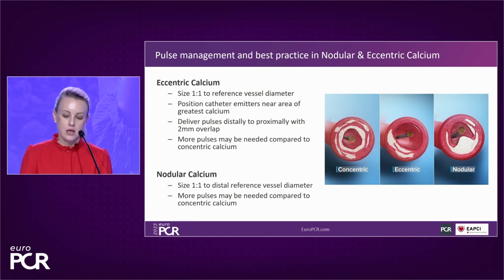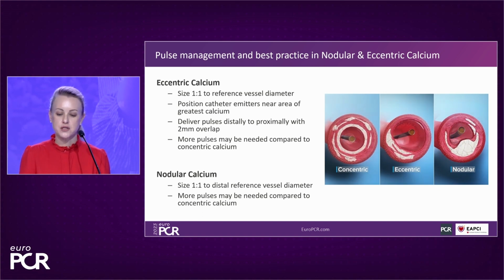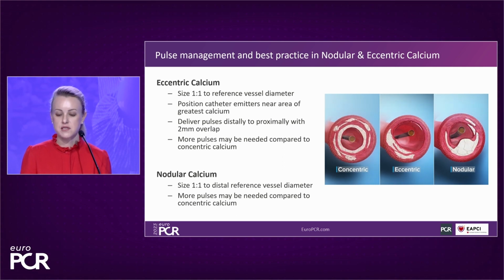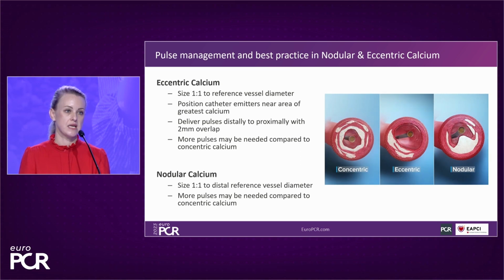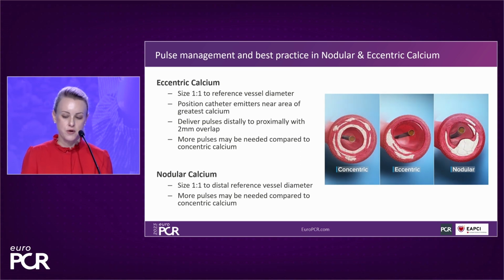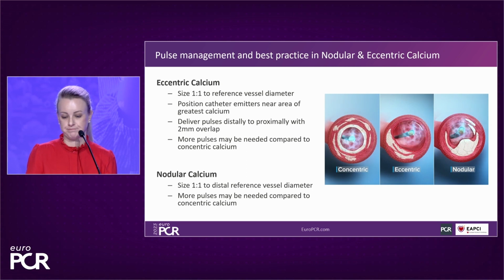So in concentric calcium, there's a reverberation effect that amplifies the shock waves, and so perhaps fewer pulses are required to achieve satisfactory modification. But in eccentric and nodular deposits, there is an effect, but it may just require more pulses.